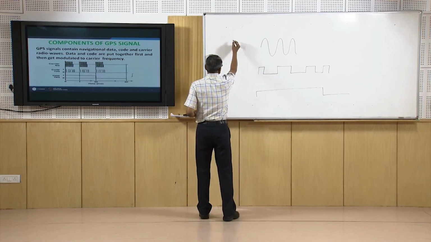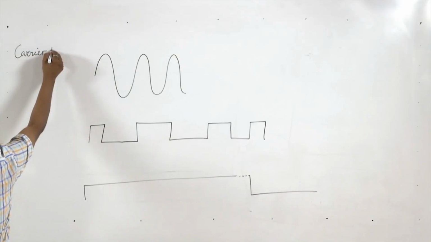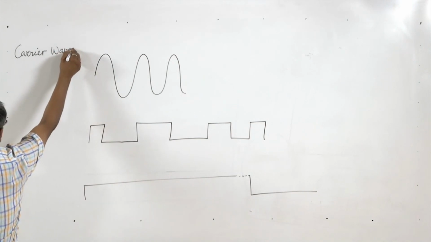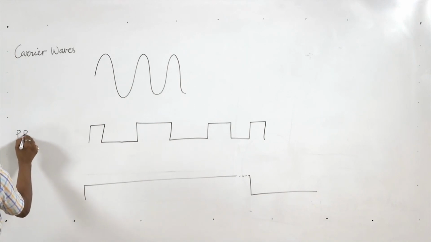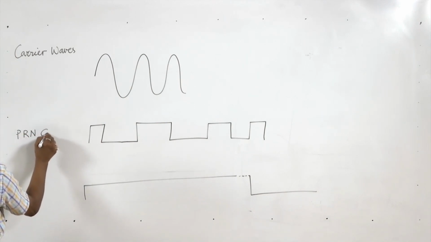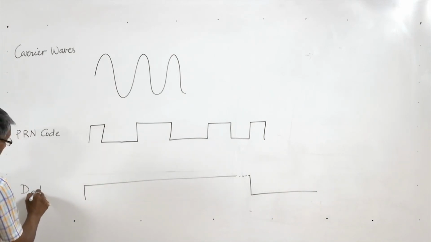So: sinusoidal carrier waves, binary pseudorandom noise code and binary navigational data.